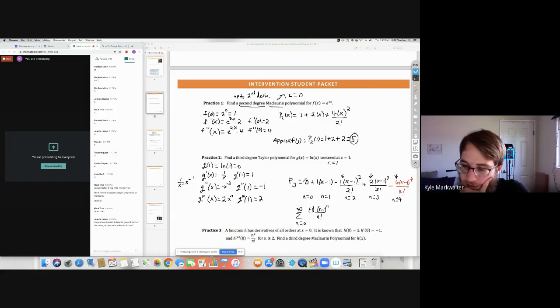Notice that if it followed this pattern, minus, positive, the starting one should be a negative. So when n is 0, we need a negative sign in front of it, so that when n is 1, it's positive. So we need a negative 1 there, but it needs to be something like the n plus 1 power, because we want the even numbered n's to be negative and the odd numbered n's to be positive.